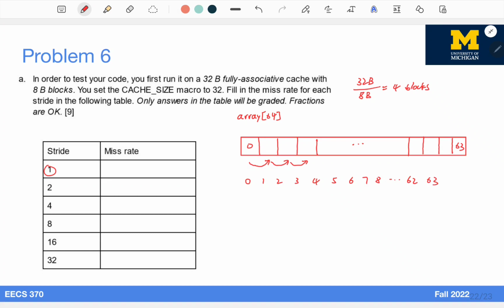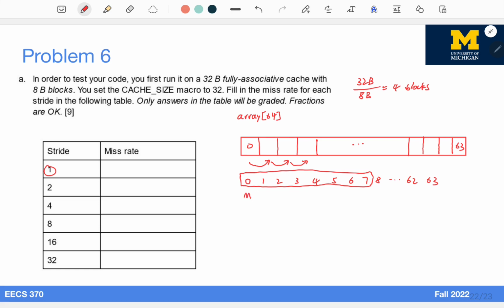And if we look at this sequential pattern, we will notice that every 8 contiguous accesses are within the same cache block. And on the first cache access to every such block, we will have a cache miss because we have to fetch this whole block from memory into the cache.